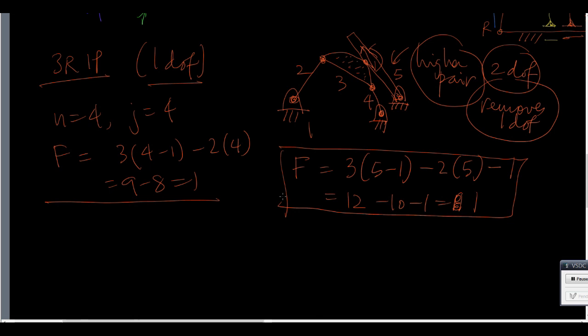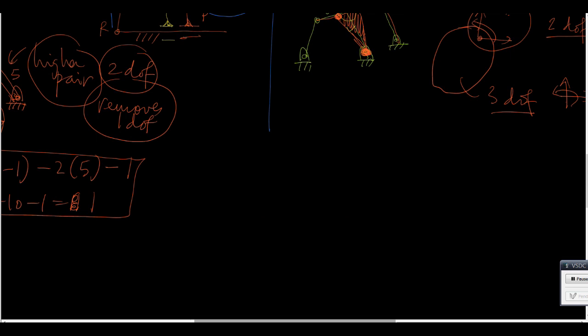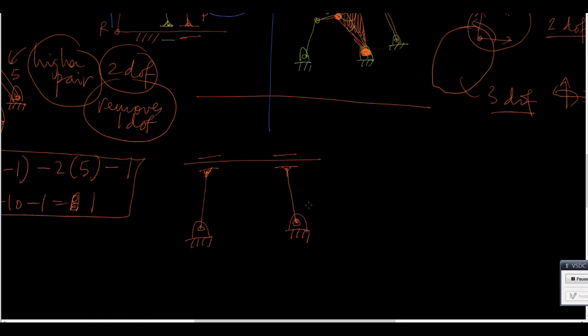Okay, higher pairs. Now sometimes we have redundant degrees of freedom. Okay, so what's a redundant degree of freedom? Look at this problem. You see this rod over here can move without affecting anything else.